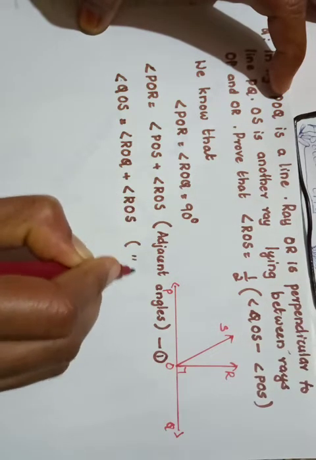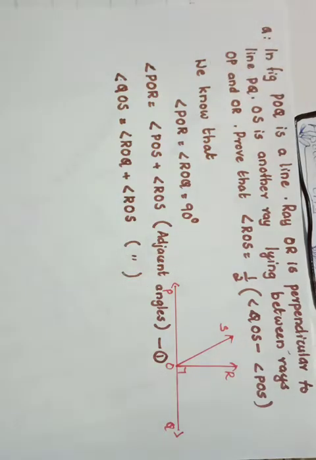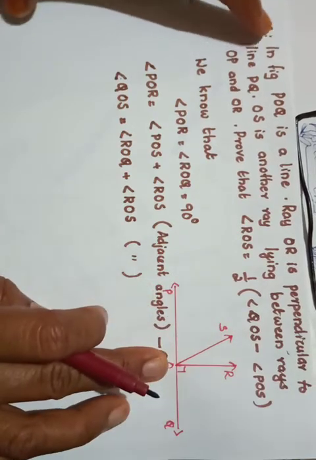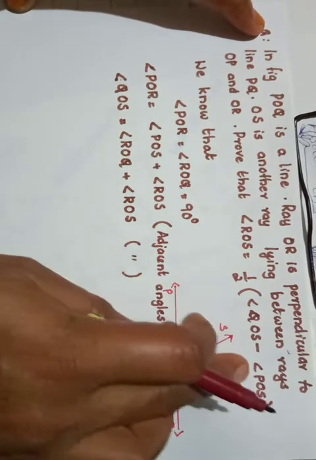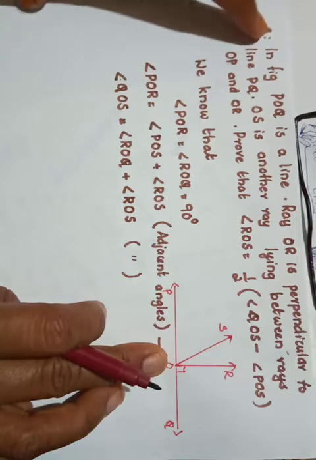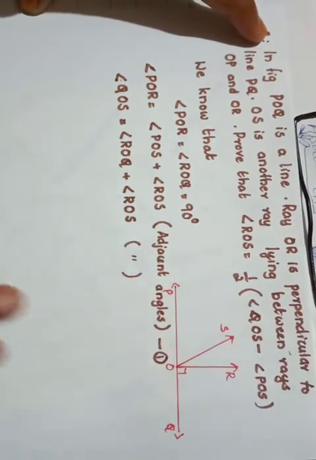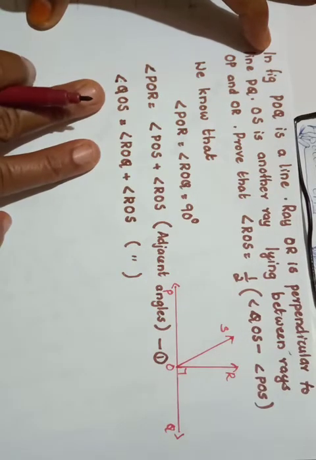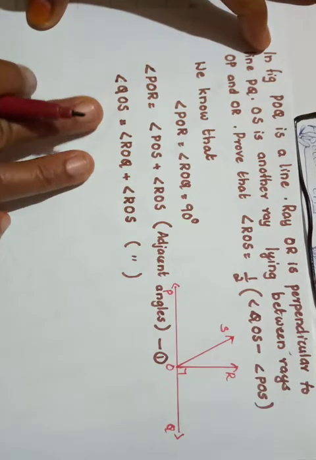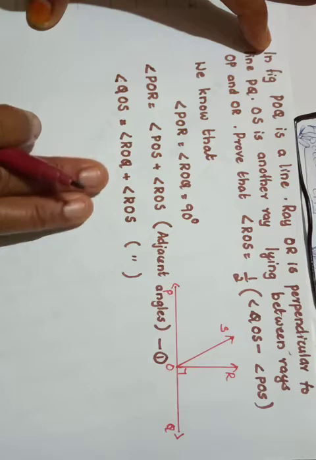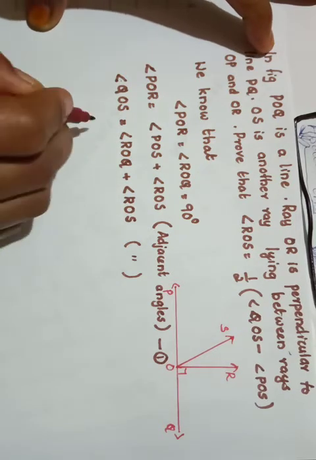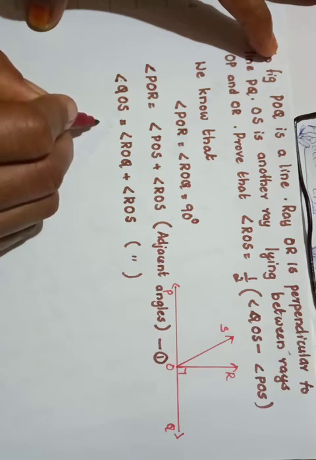The reason is the same. They are adjacent angles because they have a common vertex O and a common arm OR. The non-common arms are on either side of the common arm. So we can write angle QOS equals angle ROQ plus angle ROS.